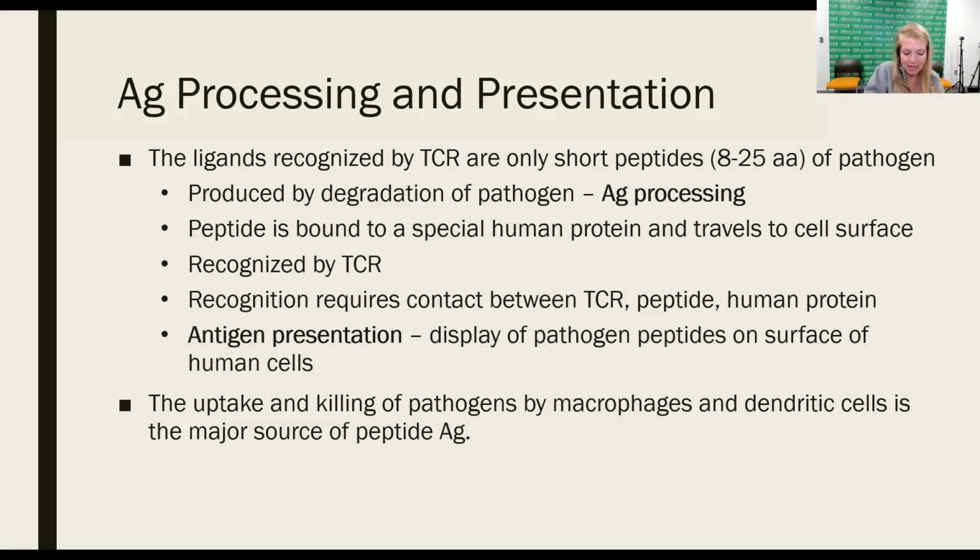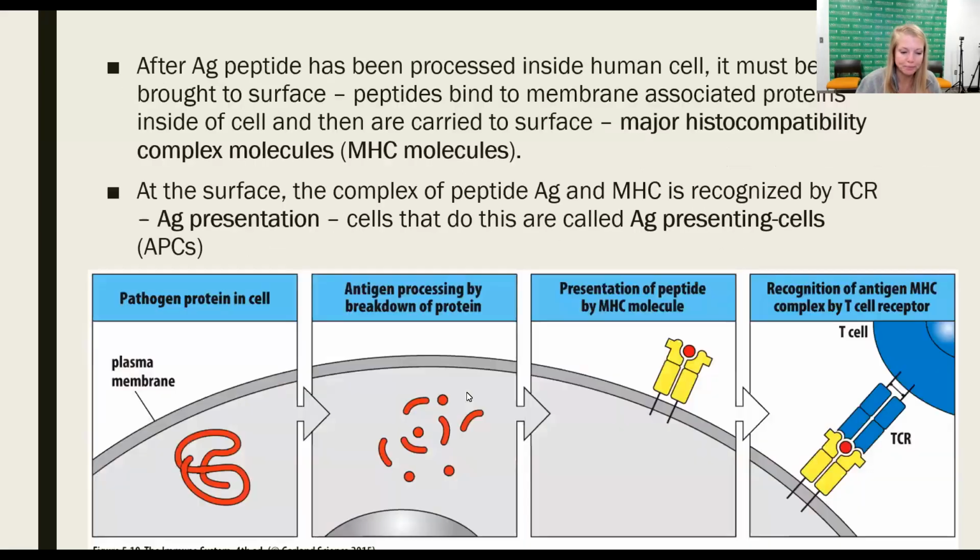So when bacteria cells get in, or maybe a virus particle is taken up, they are going to be brought in by macrophages and these myeloid dendritic cells, processed, chopped up, degraded into protein segments, loaded onto this protein and moved to the surface. So let's go ahead and take a look at that in picture form.